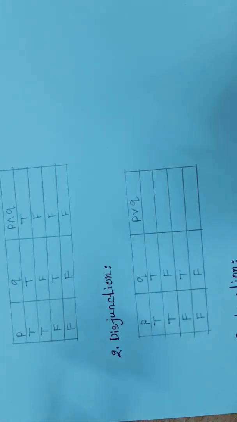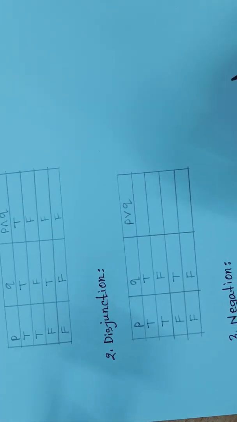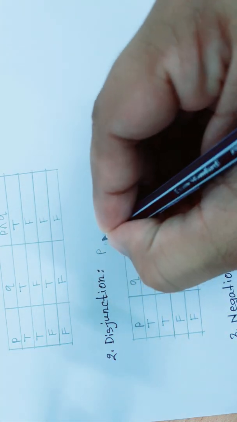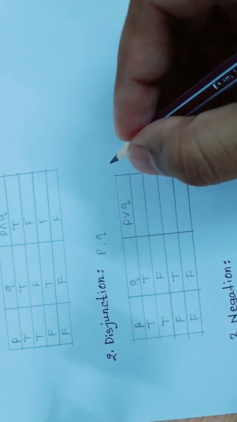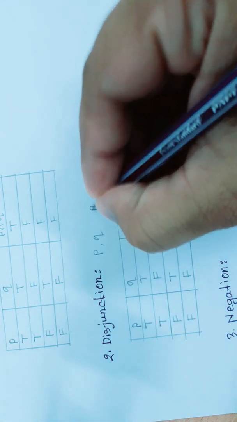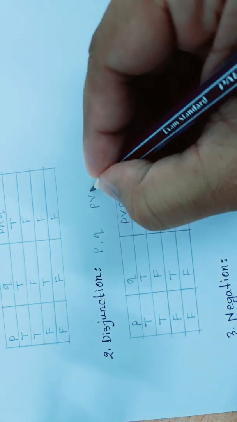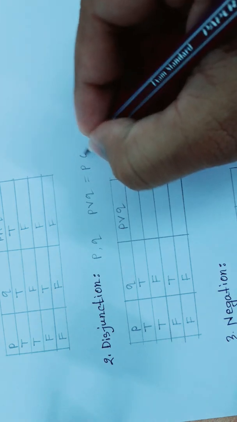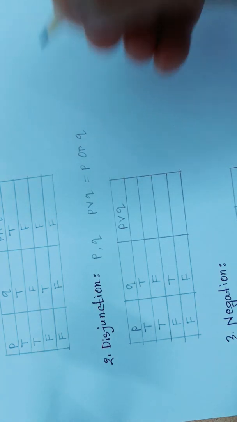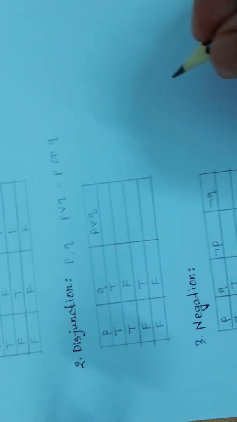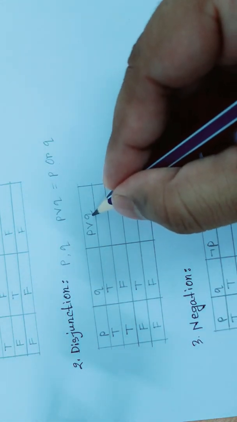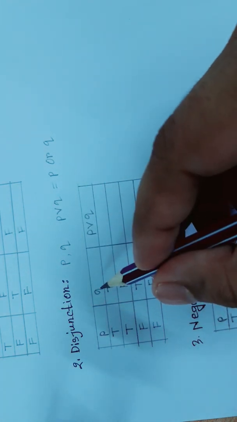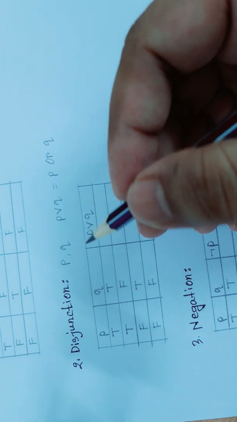Now disjunctions. For any two propositions P, Q, their disjunction is denoted with P ∨ Q. That means P or Q. The disjunction P or Q is true if either P or Q is true, otherwise false.